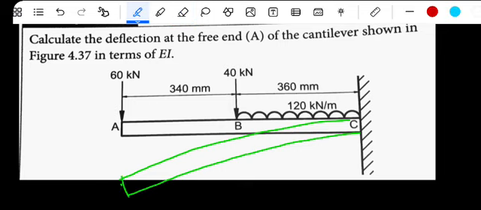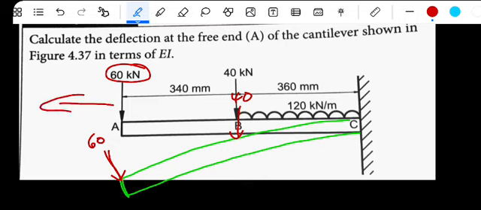We have that weight of 60 there, you see, we have the bending. Here at B we'll have the bending, which is 40, and also due to this. So you must check on this side, we don't have bending.